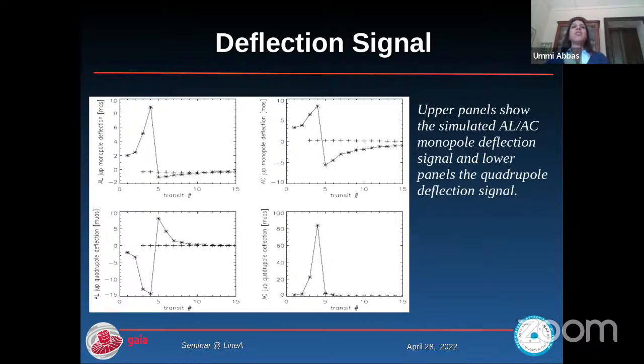For the transit closest to Jupiter, we see a deflection signal of the order of 10 milliarcseconds. If we were to observe the position of the target star and reduce it using differential astrometry and all the methodology and framework I had shown before, we would expect a distribution of points close to the asterisks. This is what we are looking at the moment. Instead, the lower two panels are what one would expect for the quadrupole deflection signal.